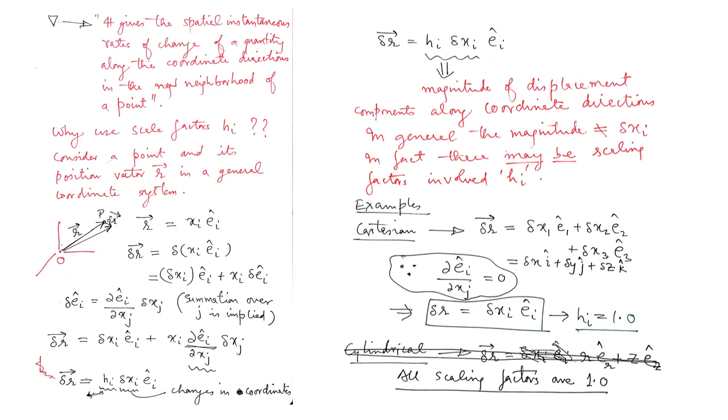So in this next slide, I have told in red that the del operator essentially gives me the spatial instantaneous rates of change of a quantity.